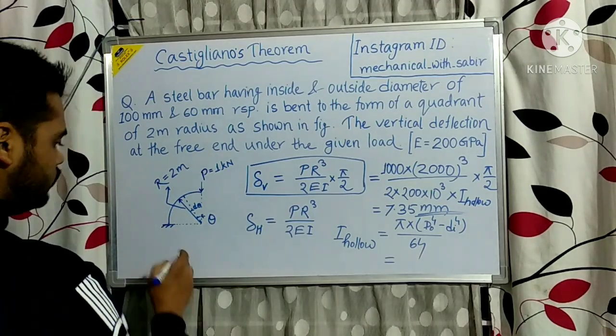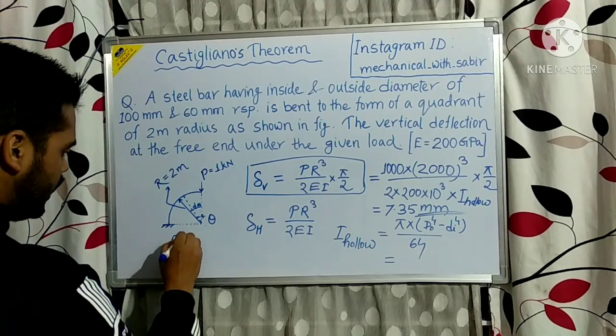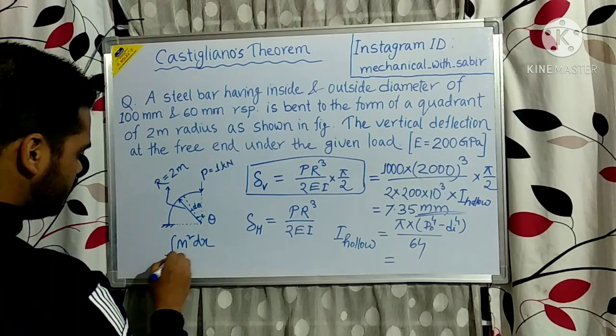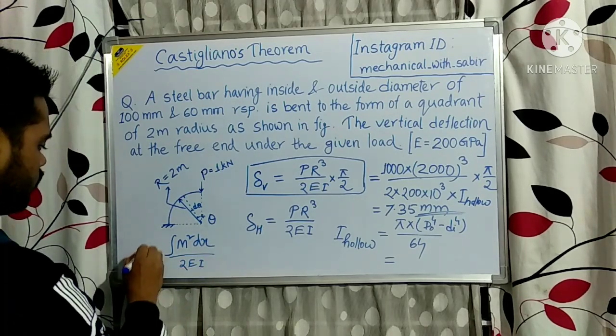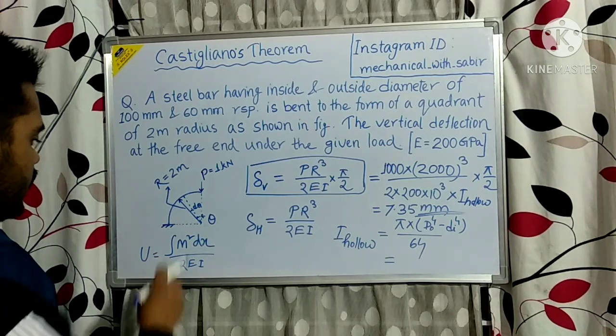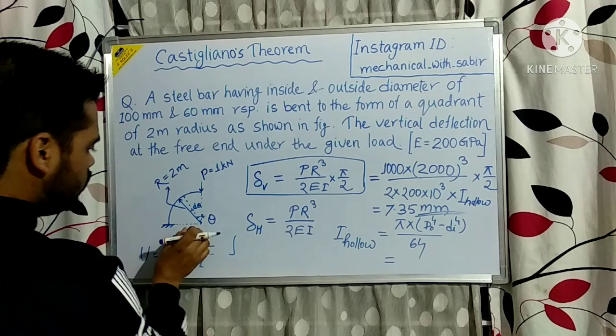The strain energy is given by M square dx divided by 2EI.